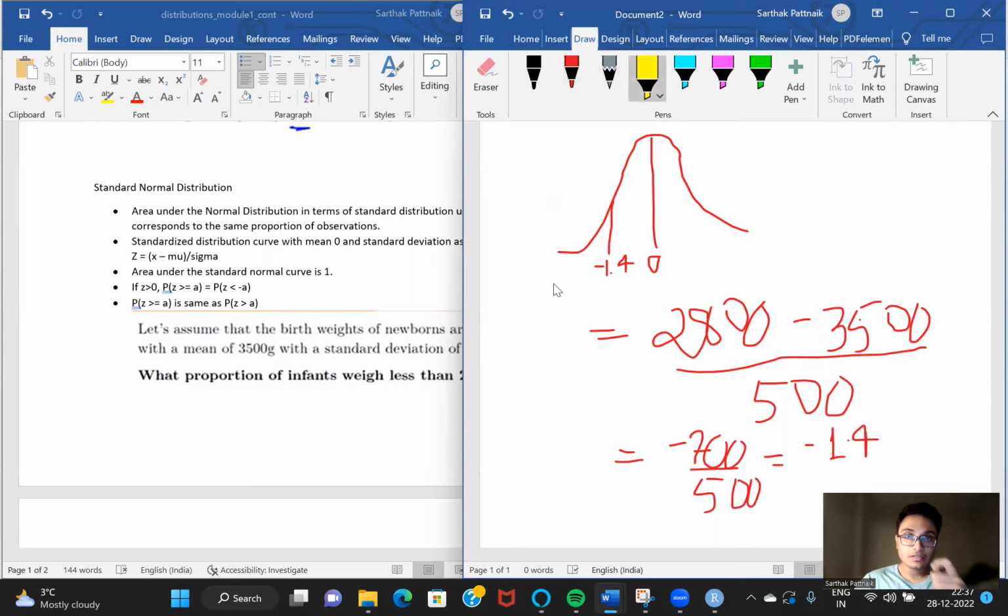So this is the area which we need to find, because we want the proportion of infants who weigh less than 2800. If minus 1.4 is here, this particular area right here is 50%, which is beyond zero. Changing my marker to red, minus 1 will be somewhere here.